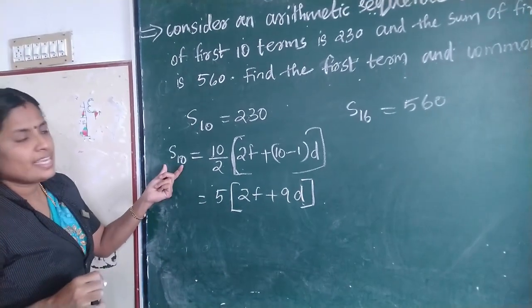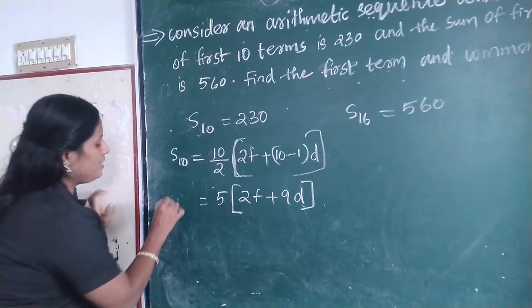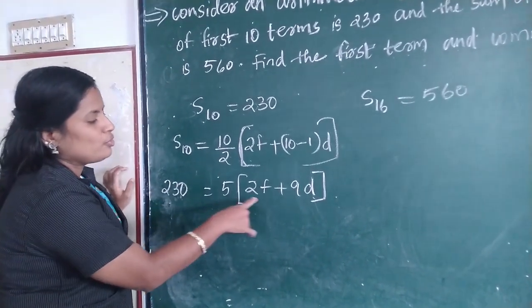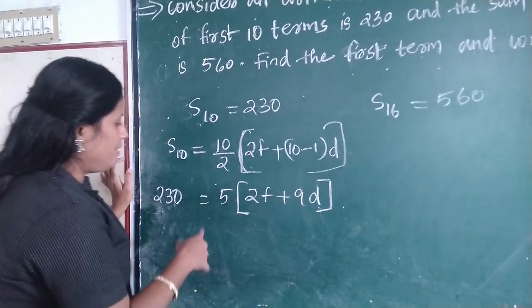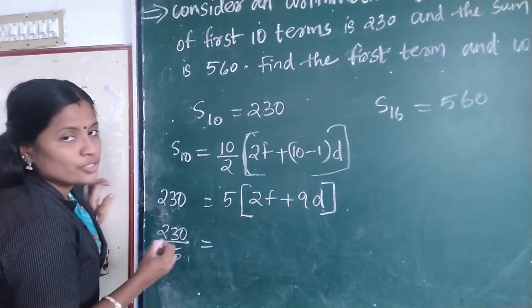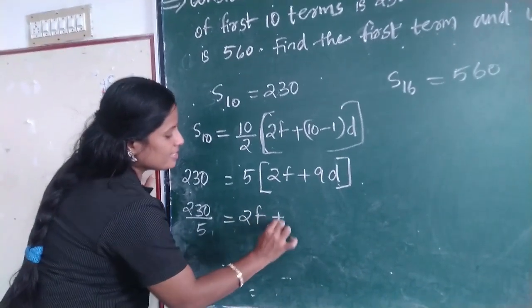So what is S10? It is 230. 230 equal to 5 into 2f plus 9d. So 230 divided by 5 equal to 2f plus 9d.